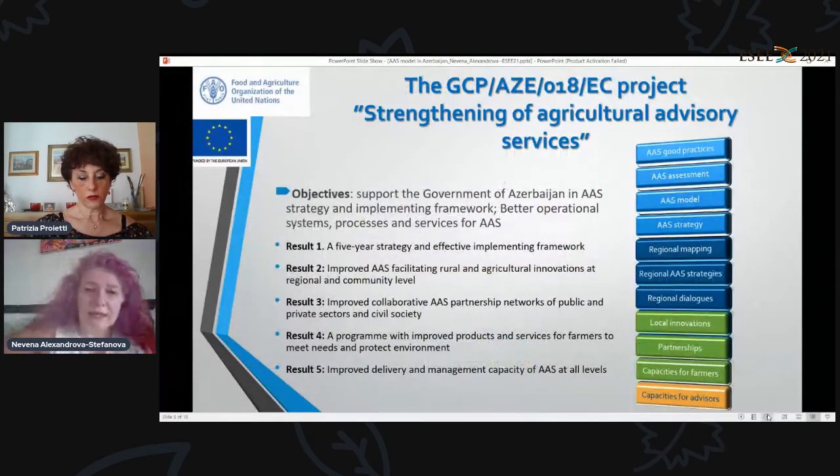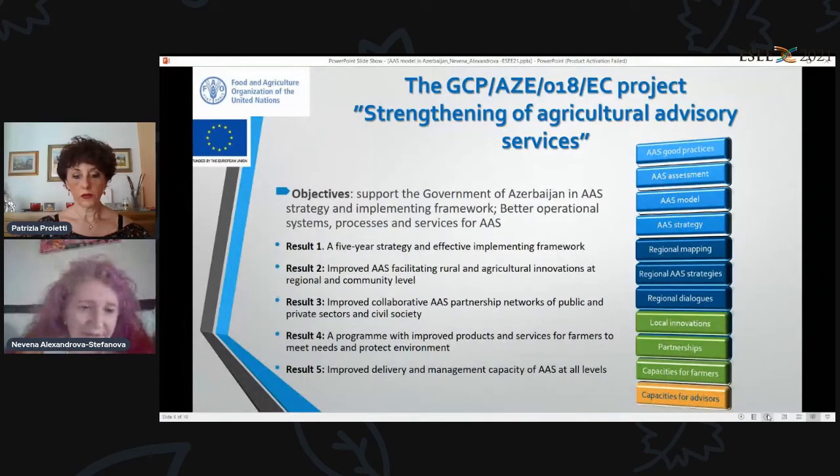What is the project? The project that we have together with the European Union and the EU delegation in Azerbaijan is about strengthening these advisory services. It is interfering at policy level, but also at operational level.